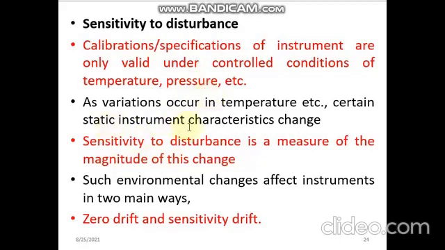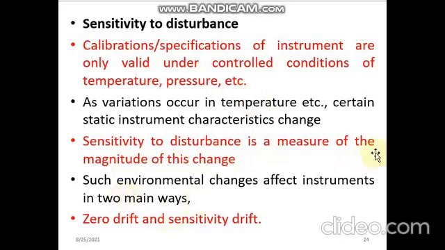These variations occur, as I told you, as a result of changing temperature or pressure or anything. And this sensitivity to disturbance is also a parameter that shows the magnitude of the change that can be experienced as a result of changing temperature and other environmental conditions.